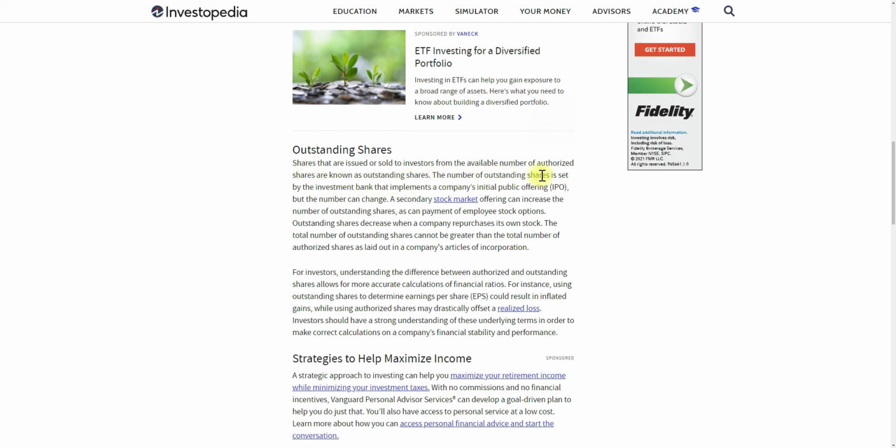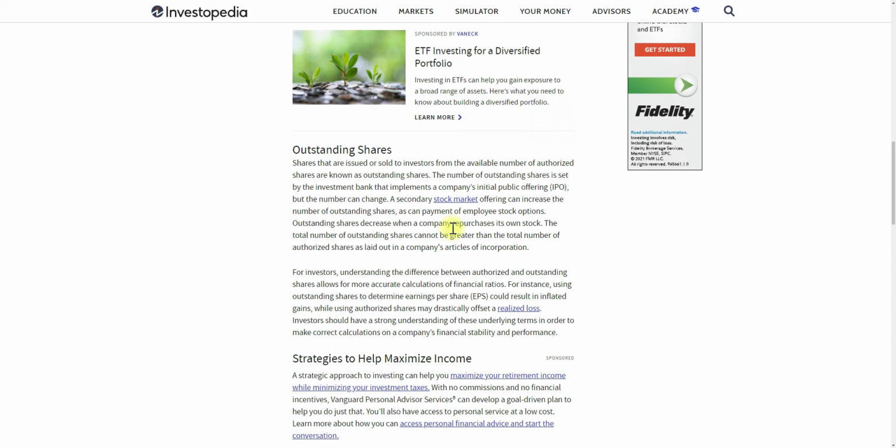The number of outstanding shares is set by the investment bank that implements a company's IPO, but the number can change. That means you can add and you can take away. A secondary stock market offering can increase the number of outstanding shares, as can payment of employee stock options. Outstanding shares decrease when a company repurchases its own stock.